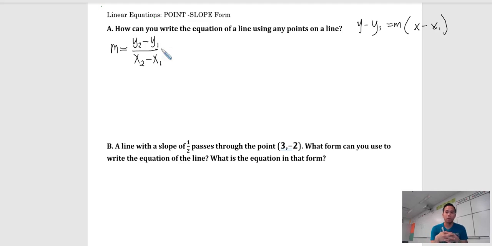We want to emphasize how we got this form. So I'm going to change my x2 and y2. Your y2 will become just y, and your x2 will become just x.